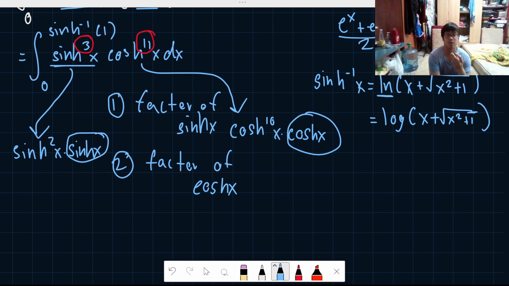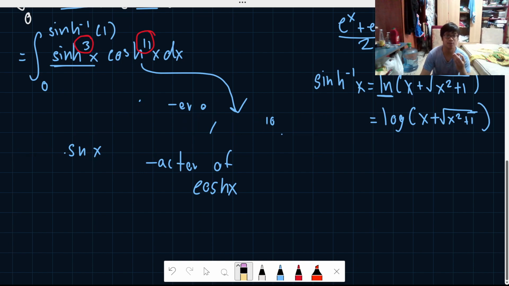Now, the question is which one? As I said, you have two choices, so pick either one of them. All right? For me, I'm going to pick the second one. I'm going to get the factor of hyperbolic cosine. That is what I'm going to do. Now that I did that, what will happen?